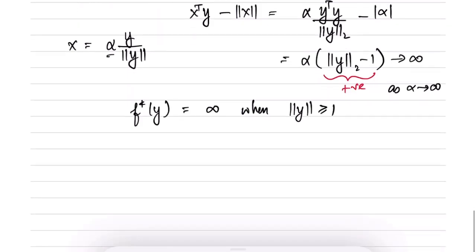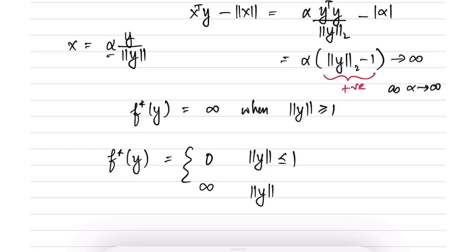So to summarize, we have seen that for f(x) equal to norm of x, the conjugate function is 0 when norm of y is less than or equal to 1, and infinity when norm of y is greater than 1. So it should be greater than, not greater than or equal to.